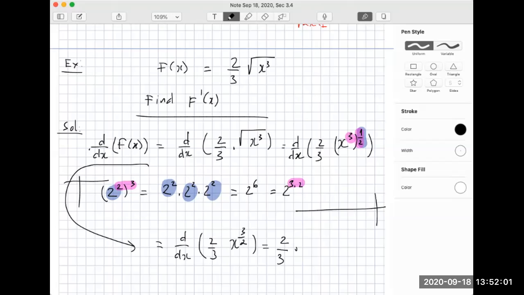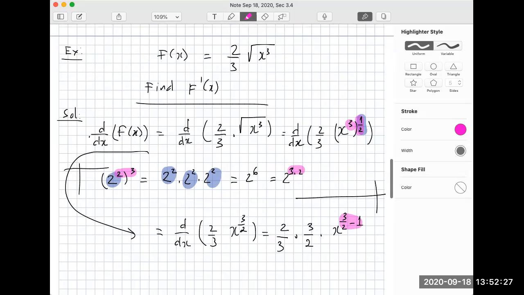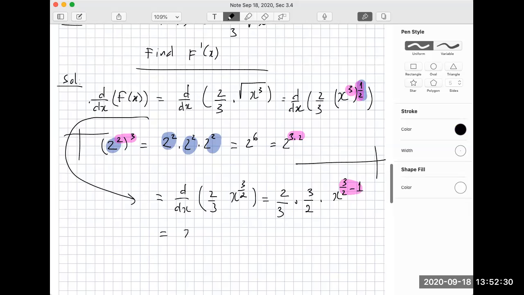And then derivative of x to the 3 over 2, we bring it down here, times x to the 3 over 2 minus 1, okay? Then we see that 2/3 and 3 over 2 will cancel each other. And here, this one is x to the 1/2, right? Which is square root of x, okay?